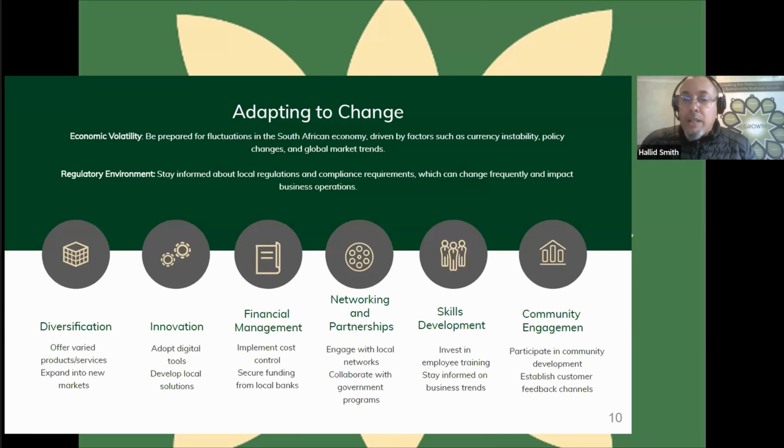Instead of paying someone to do my social media, I'm going to use an online application, and I can do it for free through this application. So you're going to look for these types of things to make things easier for you. Innovation, how you can innovate.